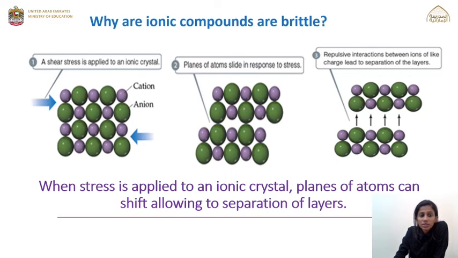But when pressure is applied in any direction, the arrangement of the ions is disturbed. That results in a new arrangement where like charges are facing each other. When like charges face each other, there is repulsion, and because of the repulsion there is separation of the layers. This results in the brittle nature.